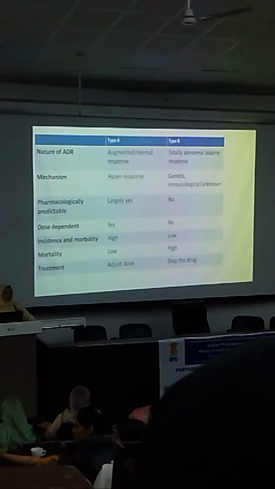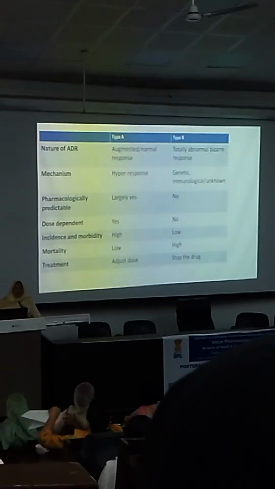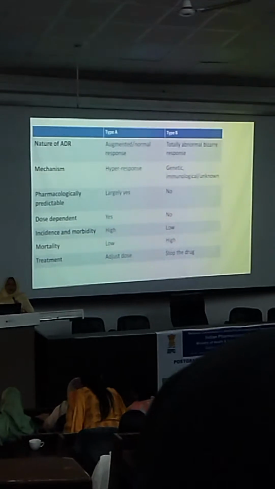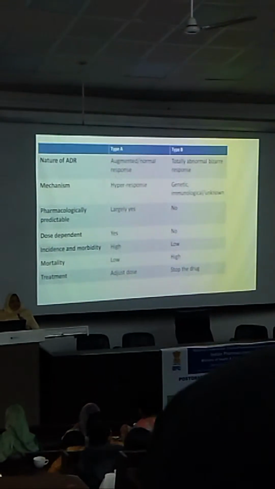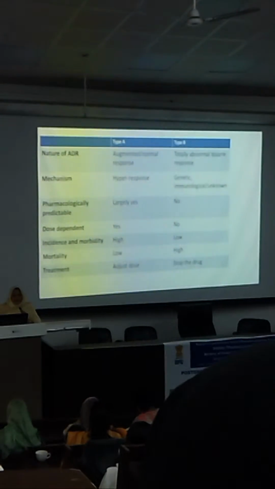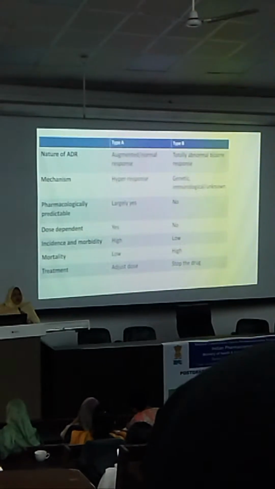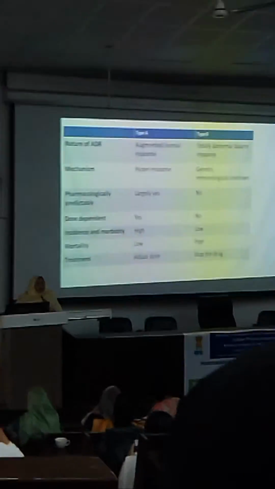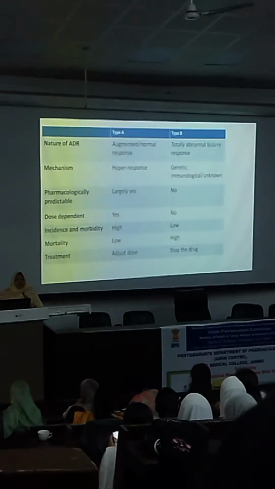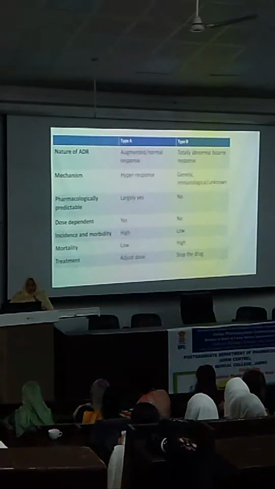Then what is the difference between type A adverse drug reaction and type B adverse drug reaction? Nature of the ADR: in case of type A adverse reaction, it is a normal response, it is an augmented response and it depends upon the dose of the drug. When we increase the dose of the drug, the response goes on increasing.